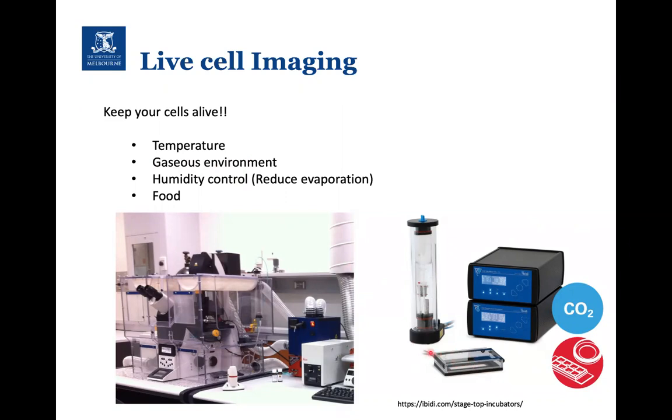So you've got a gas line coming in here, pumping CO2. Very often that gas is going through some kind of bubbler system like shown here. And that's to make sure that the humidity which is going onto the sample is fairly high. So we reduce the effect of any evaporation on your samples as well.